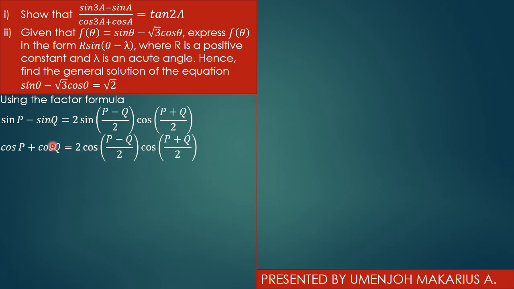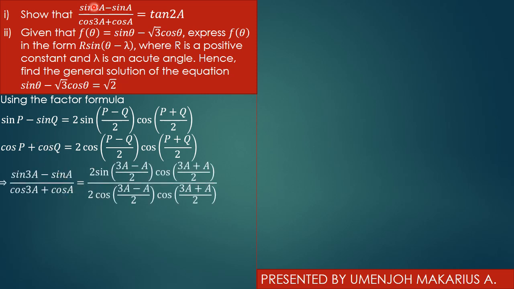So by plugging in everything, sin 3A minus sin A all over cos 3A plus cos A turns out to be, at the top, 2 sin((3A minus A) over 2) cos((3A plus A) over 2), according to the first formula, where P is 3A and Q is A.